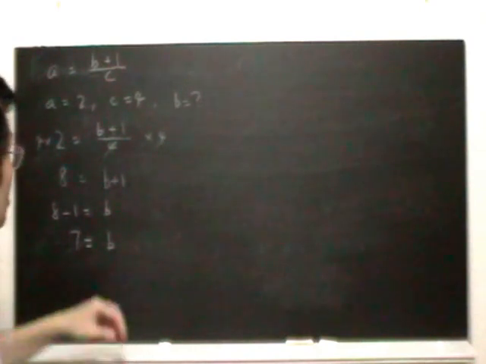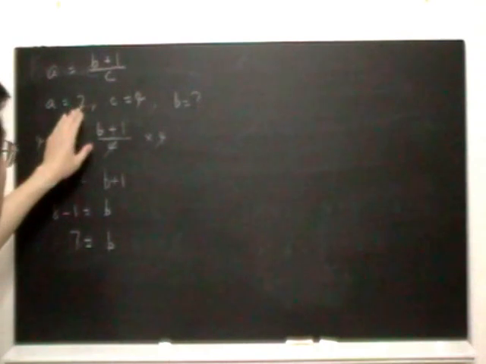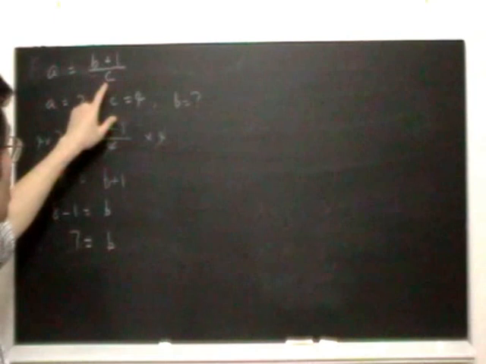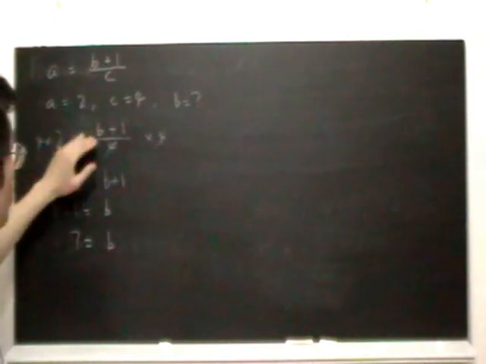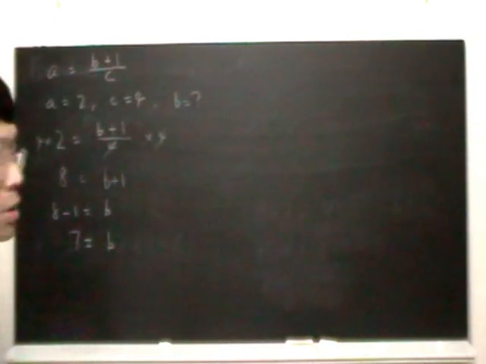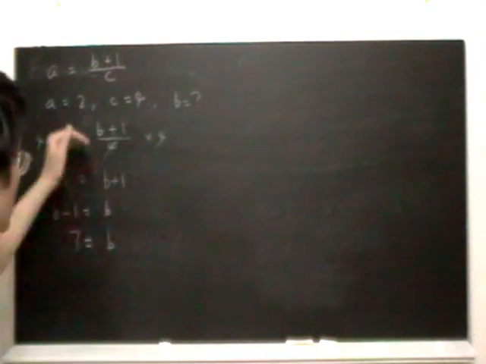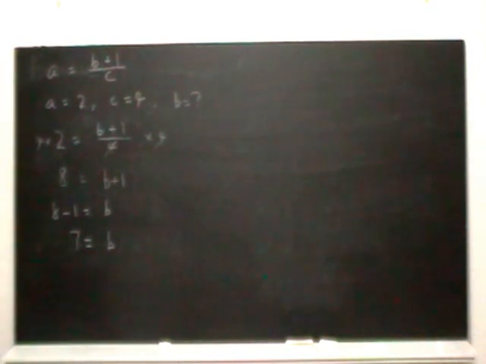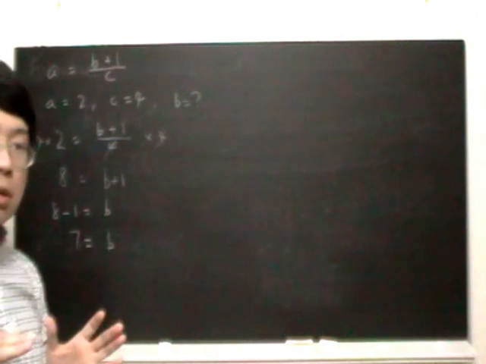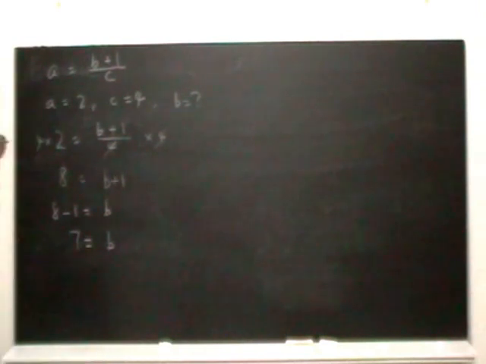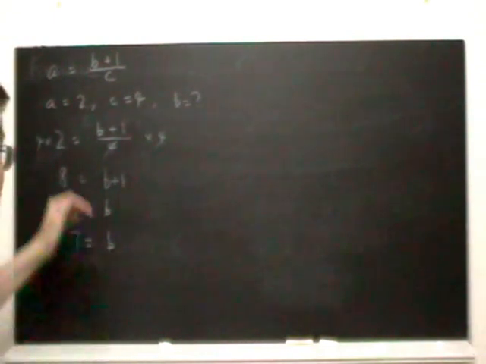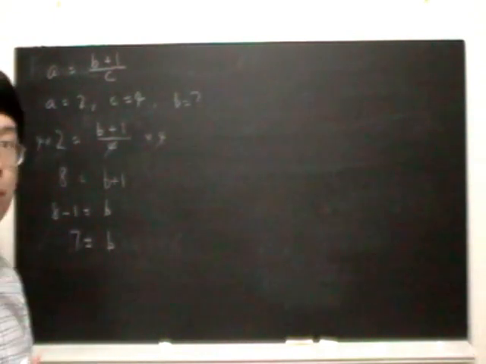Now each time you need to put the numbers for A and C into the formula and then solve for B using these steps, using the methods for equations. Now there is a way to make things easier without having to solve the equation each time.